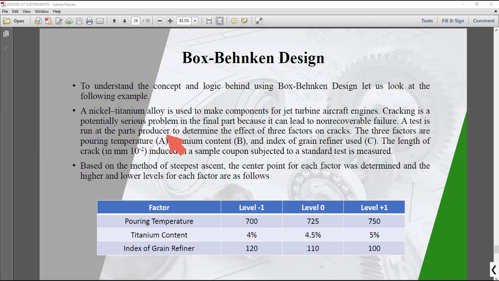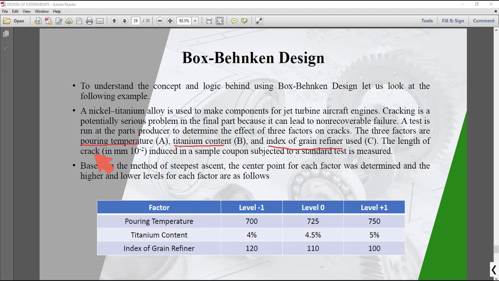So a test is run at the parts producer to determine the effect of 3 factors on cracks. They have identified that 3 factors have maximum effect on the crack. What are the 3 factors? Pouring temperature, titanium content, and the grain refiner used.